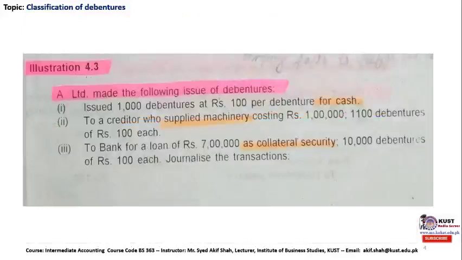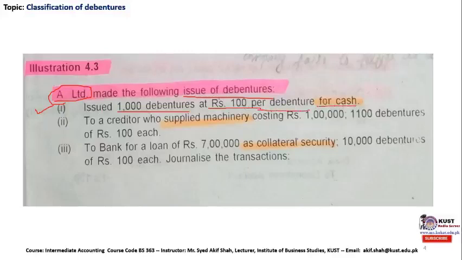The illustration says A Limited Company made the following issues of debentures. First case says it has issued 1000 debentures at rupees 100 par value per debenture for cash.